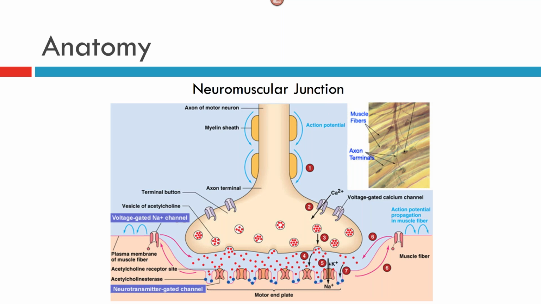You have calcium involved, potassium involved, sodium involved, acetylcholine released. So if there's any imbalance in the blood, such as hypokalemia, hyponatremia, or hypocalcemia, any of these factors will affect your neuromuscular junction.